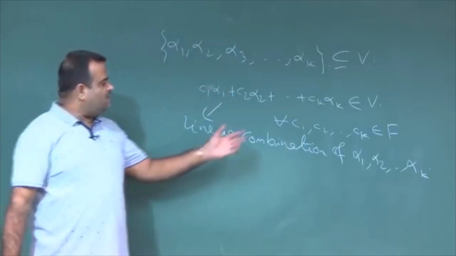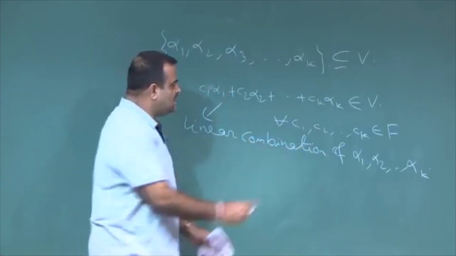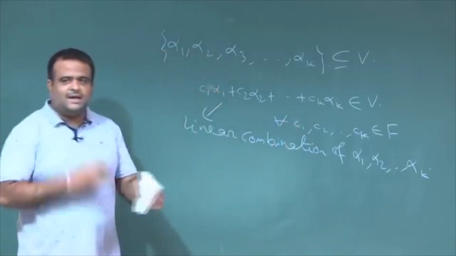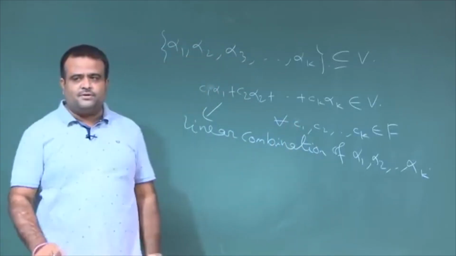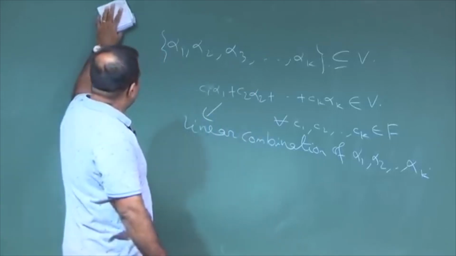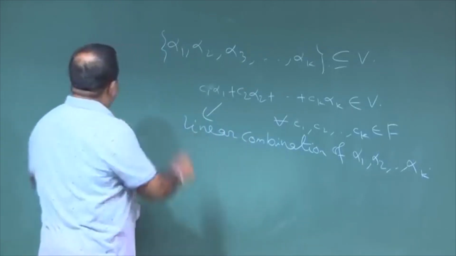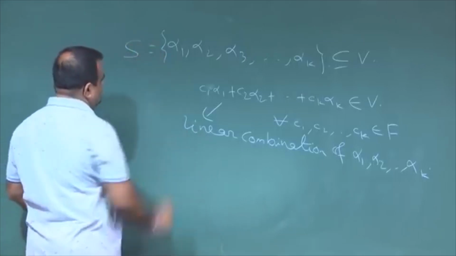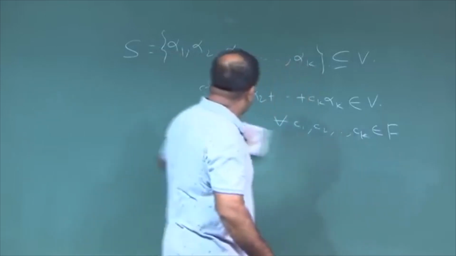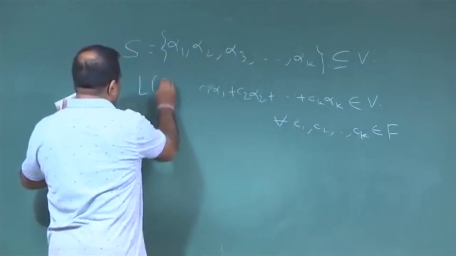Okay. Now, the c i's are scalars coming from the field. If we vary these c i's, this will give us different vectors. Now, if you take this collection, we denote it by, say, if this is the set S, this collection is denoted by L of S basically.